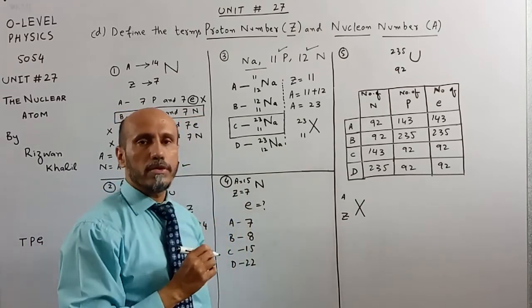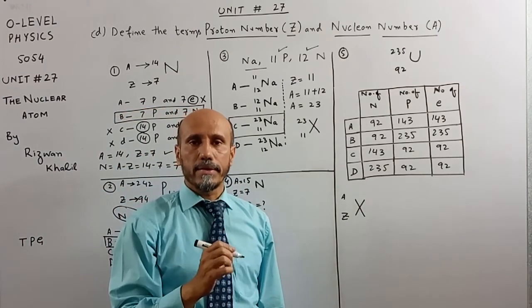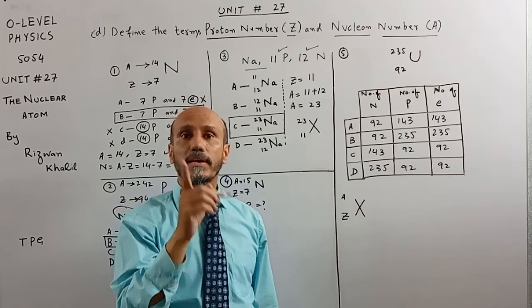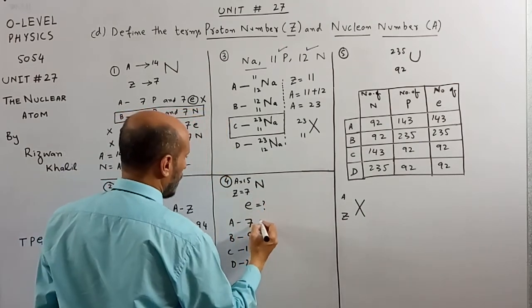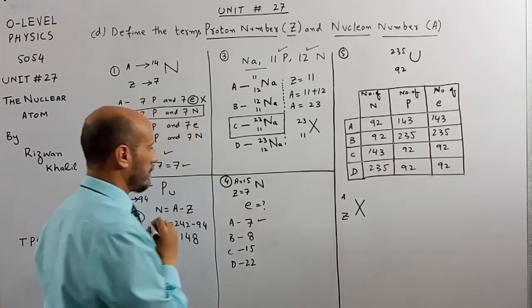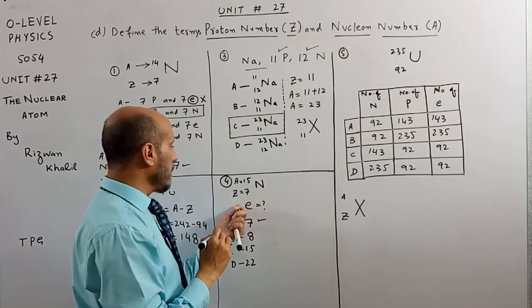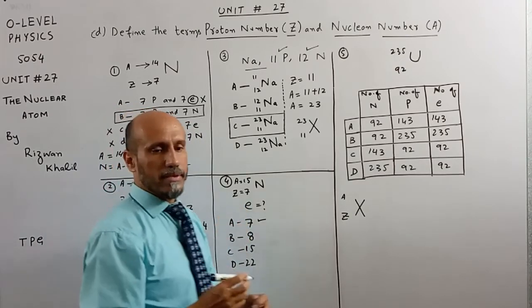Z stands for the number of protons, and we know that the number of protons is equal to the number of electrons. Which option is the correct option? Option A. So it has 7 electrons.